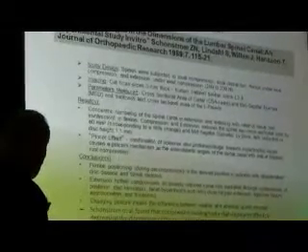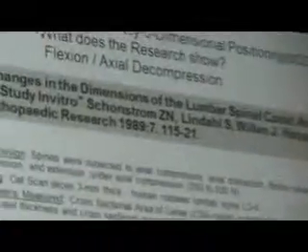Here's another great study by Schonstrom and Lindell that took the spine, putting it in flexion and extension, under compression and distraction, and produces similar results, similar findings.